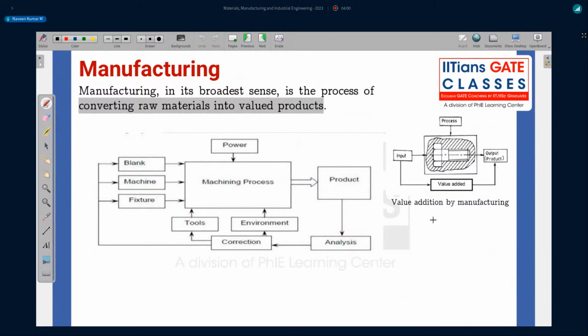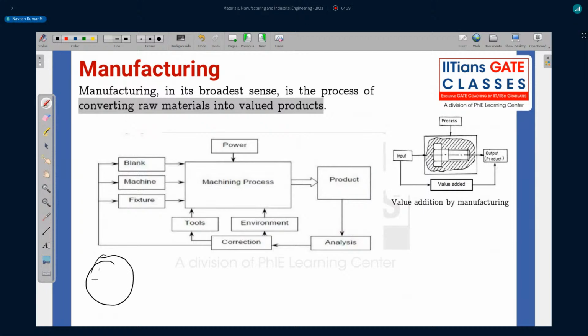What is manufacturing? Manufacturing, in the broadest sense, is the process of converting raw materials into valued products. So let's say we have some raw material. Where do we get raw material from? We get raw material from the earth, right?